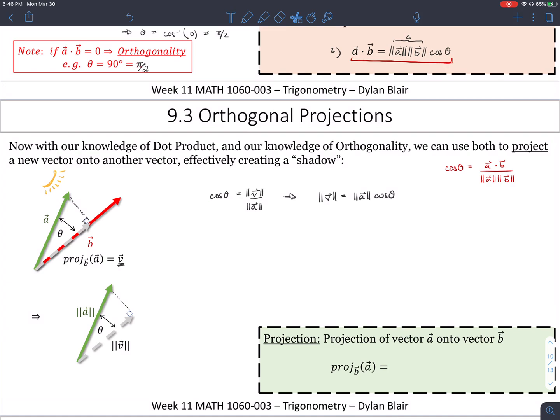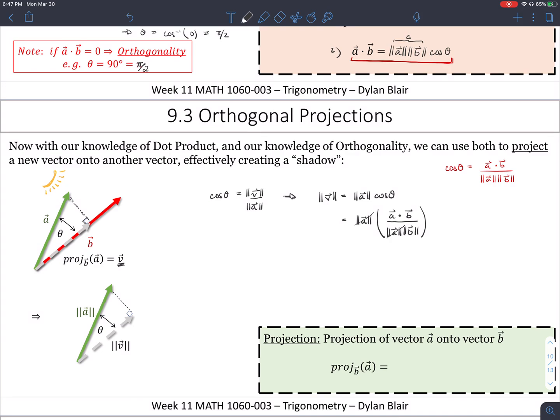But we want this B vector in our notation because we don't know what V is. V is what we're looking for. So we can say that the magnitude of A multiplied by A dot B over the magnitude of A times the magnitude of B, where these magnitudes of A just cancel out, okay.